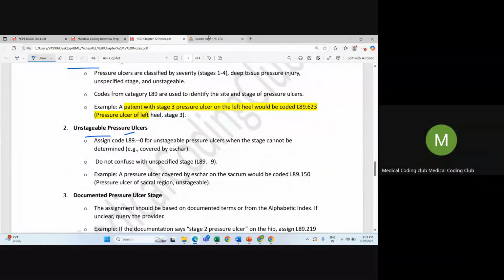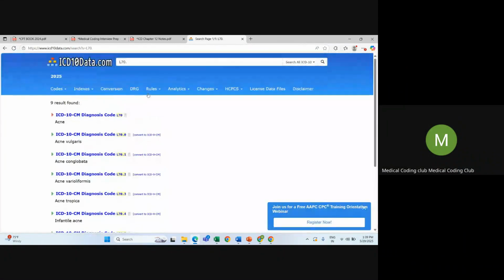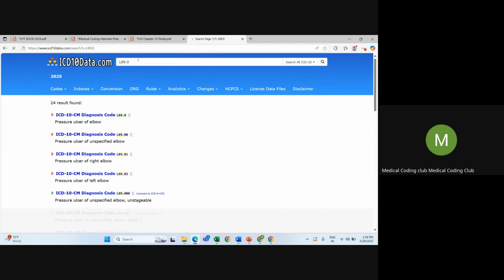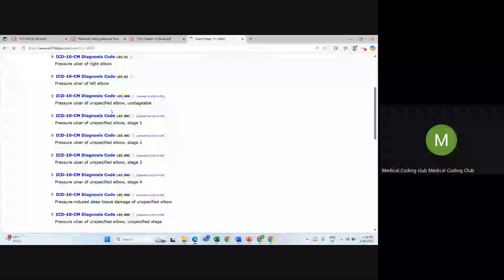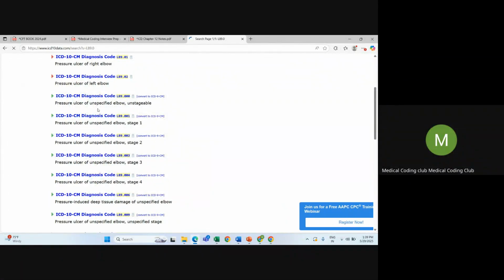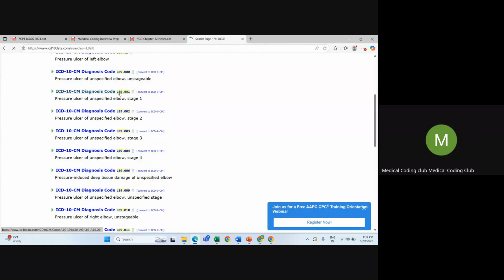So I'll just show the difference. Just see L89.0. L89.0 is pressure ulcer, unspecified elbow, unstageable. Just see the variations here. I have taken only the category code.